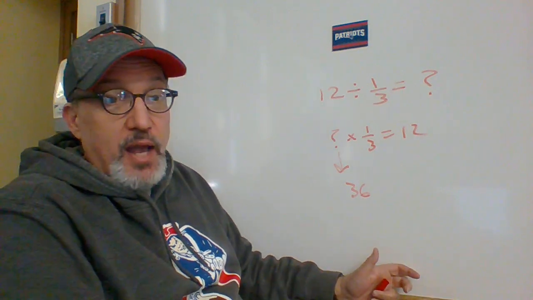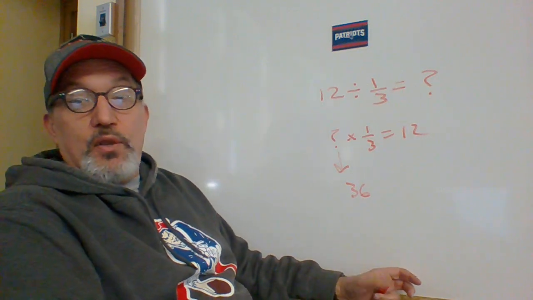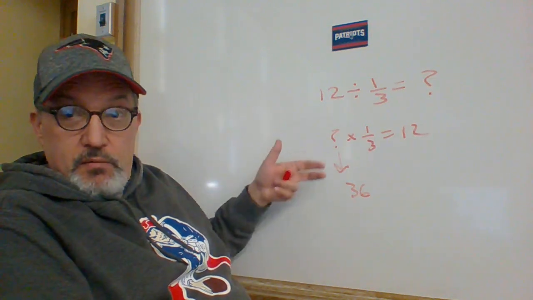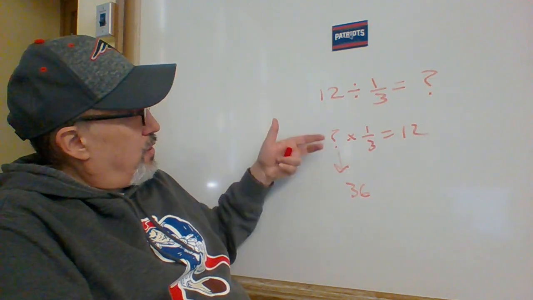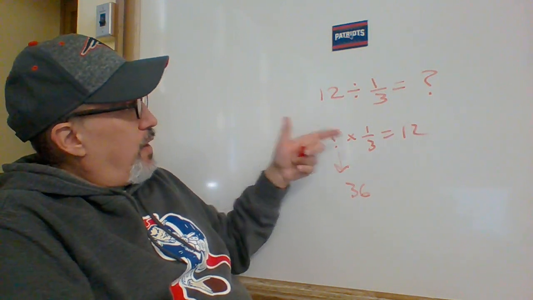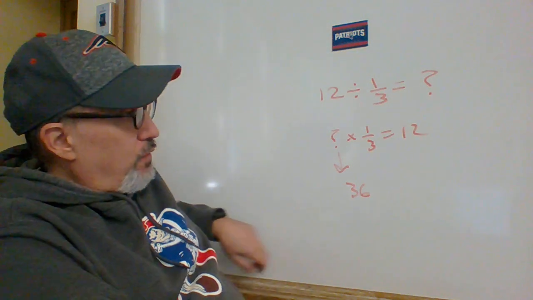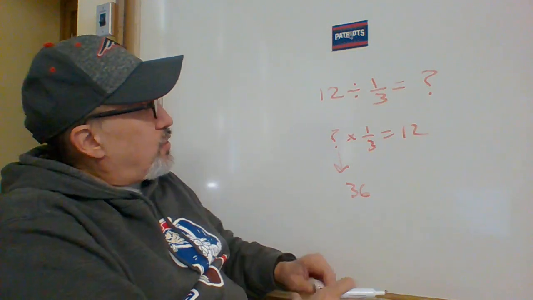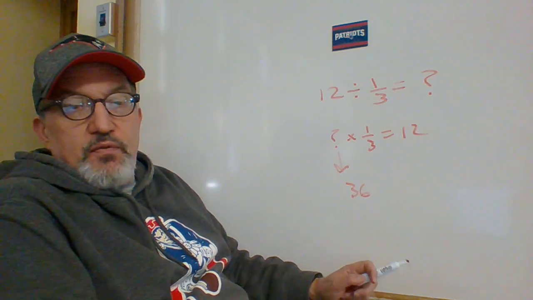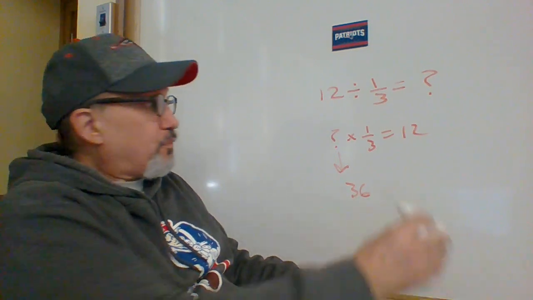Some of them are quite surprised to learn that 12 divided by 1/3 is 36, but they will have already had a little experience with multiplication and should realize that it's 36 that you have to multiply 1/3 by to get 12. So that's just another example of how the definition of division can be valuable.